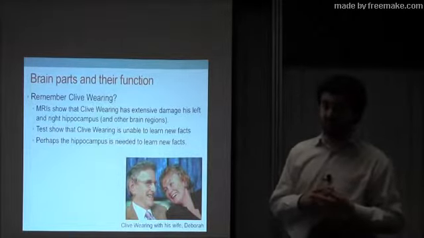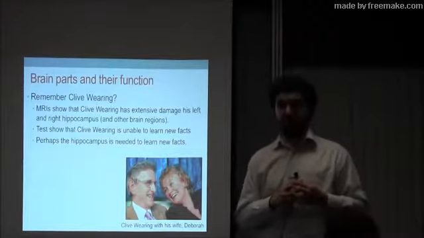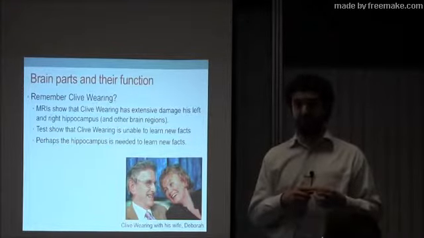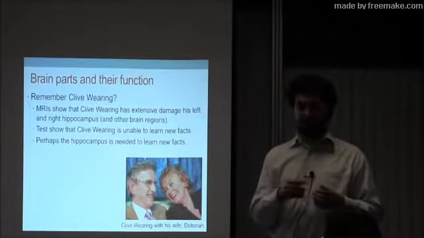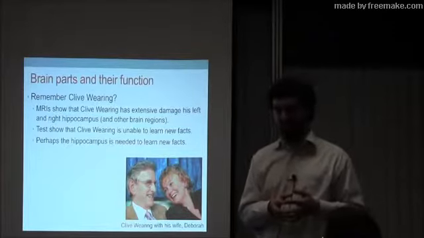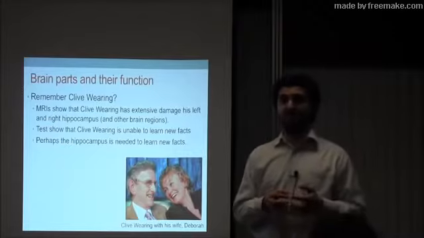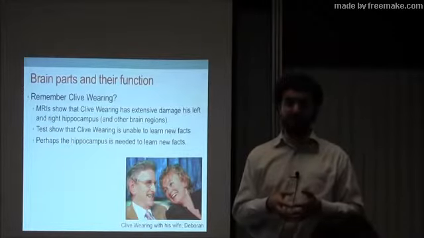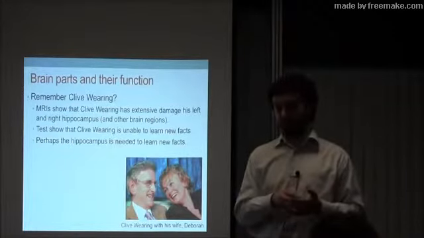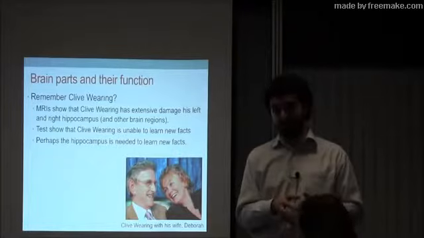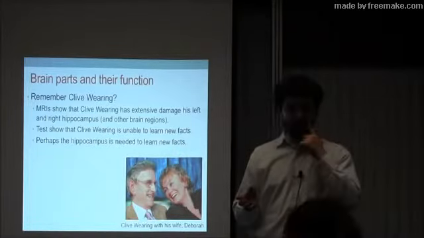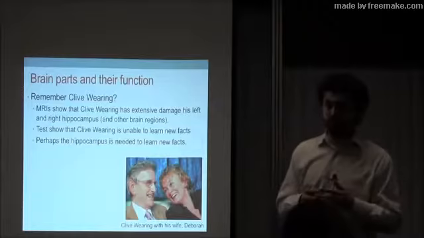One big example is patient HM, if you heard about patient HM. These are the initials of the name of a very famous patient in the field of neuroscience and neuropsychology. This patient had epilepsy and was operated on to remove the epileptic focus in his hippocampus. And ultimately the surgeons had to remove the whole hippocampus.